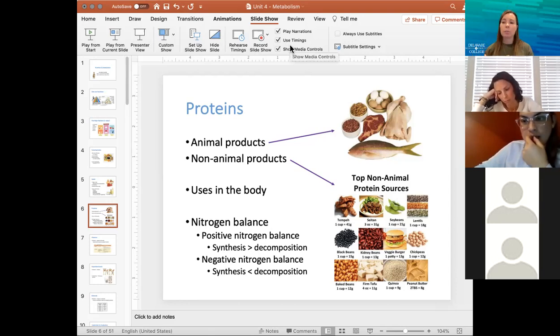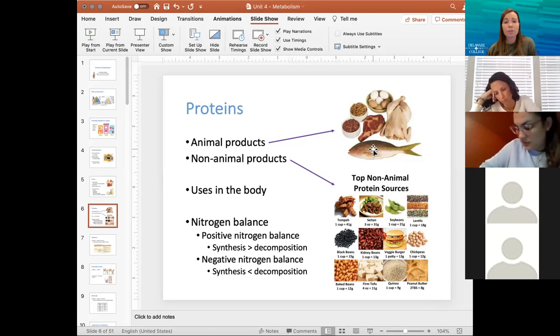So a high quality protein is one that contains many different amino acids. The highest quality proteins do tend to come from animal products. So that would be, you have some examples here like meats and eggs and fish.